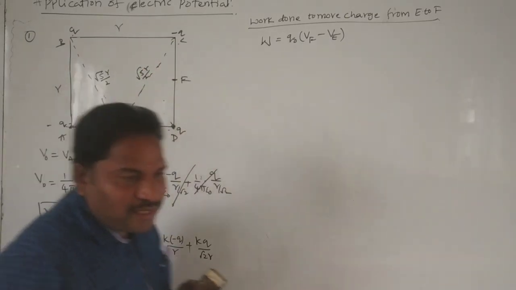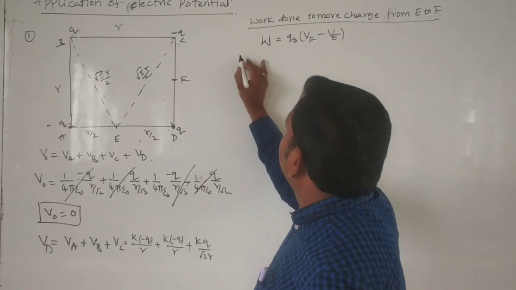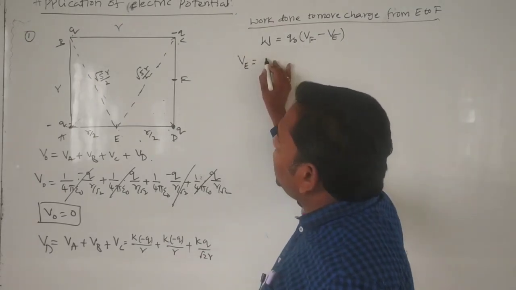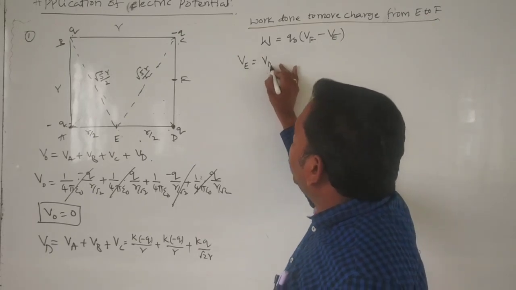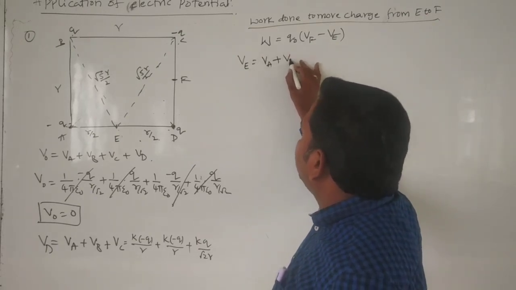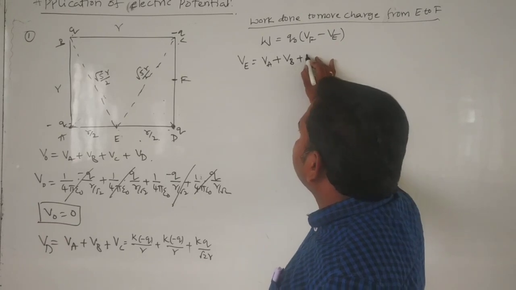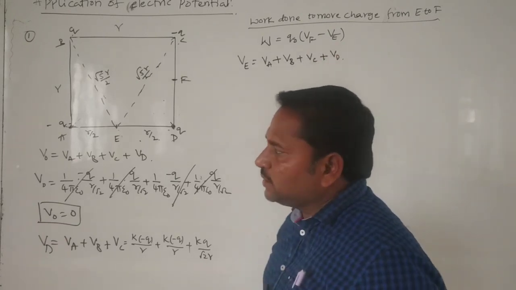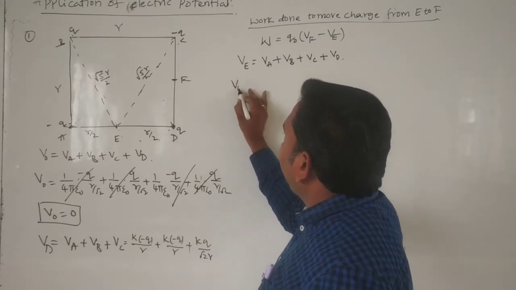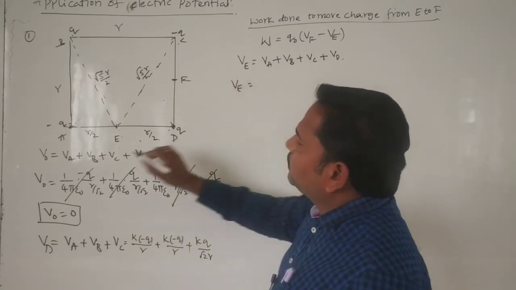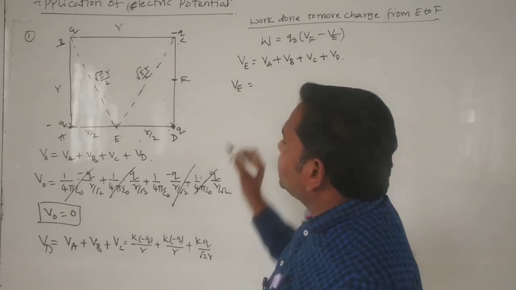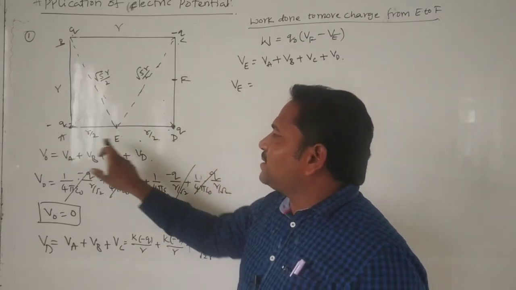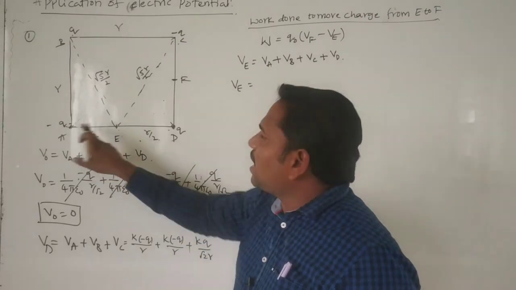So now the potential at E equals the potential due to the VA charge plus the potential due to the VB charge plus the potential due to the VC charge plus the potential due to the VD charge. So VE equals, what is the distance? See, the potential due to this and the potential due to this is 0 because of the same distance but opposite charges.